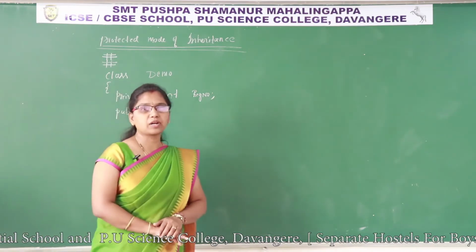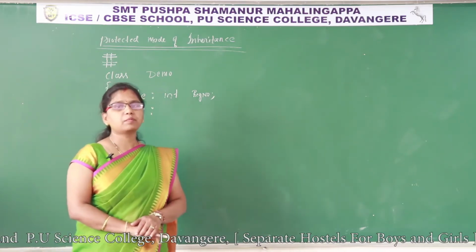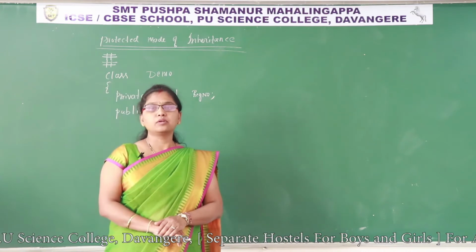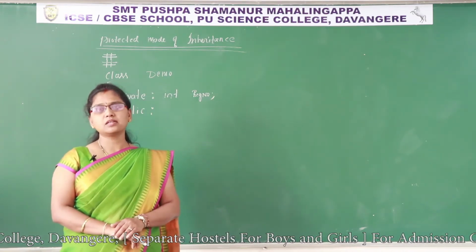Register number is in the private section, so it is a private member of the base class. You all know private members cannot be inherited. Then who can access private data? That class's member function has to access private data.